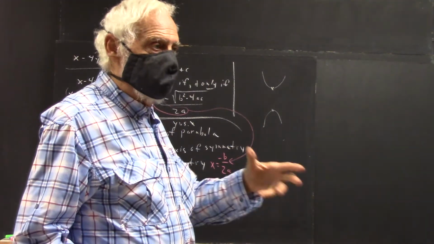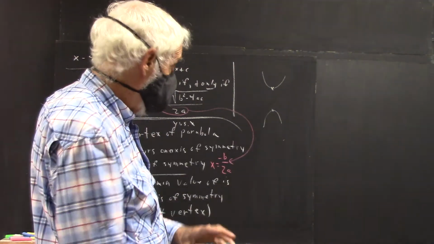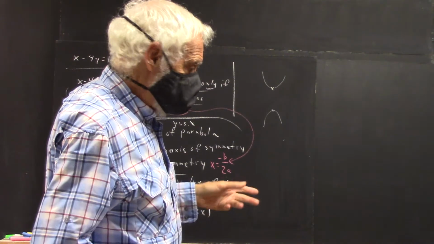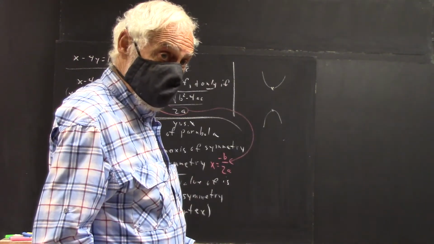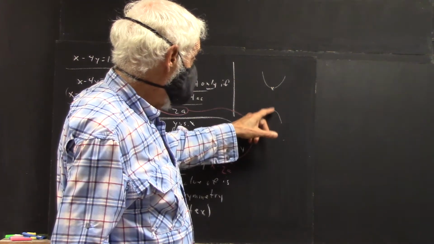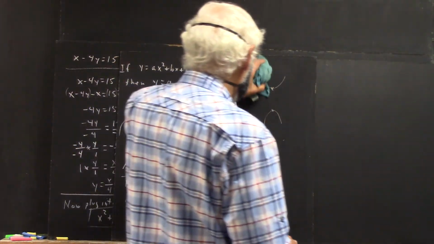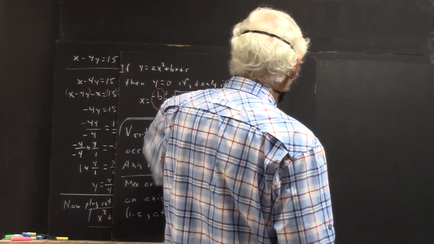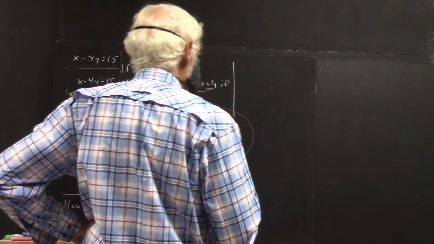Okay, because we've got an x squared term, we've got x terms, and we've got numerical terms. I'm going to write it out in a minute. But we know that that gives us a parabolic graph with a maximum or minimum, maximum in this case, minimum in this case, at the vertex.